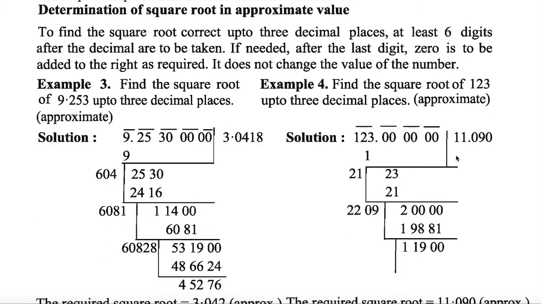So determination of square root in approximate value. To find the square root correct up to 3 decimal places, at least 6 digits after the decimal are to be taken. If needed, after the last digit, 0 is to be added to the right as required. It doesn't change the value of the number, like this. You keep on adding zeros here, it won't change anything.